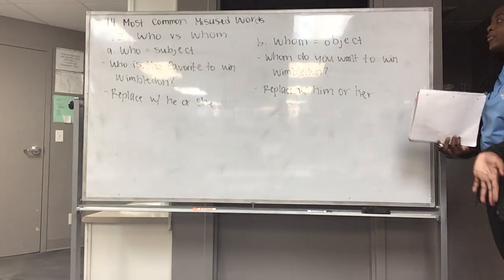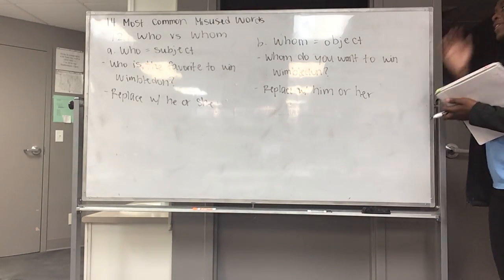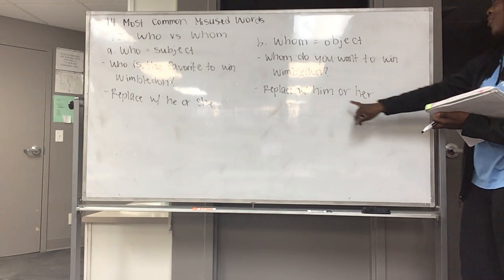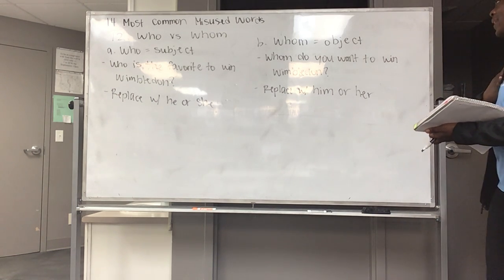So my example, "Whom do you want to win Wimbledon?" And then we can replace it. Our trick for that one is to replace it with him or her to see if it makes sense.